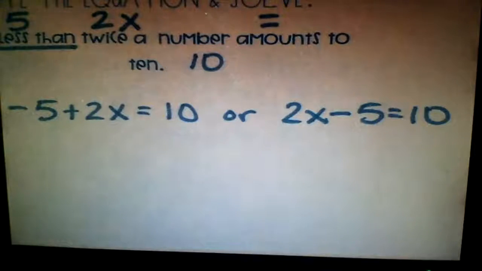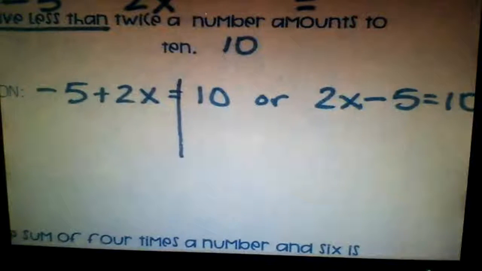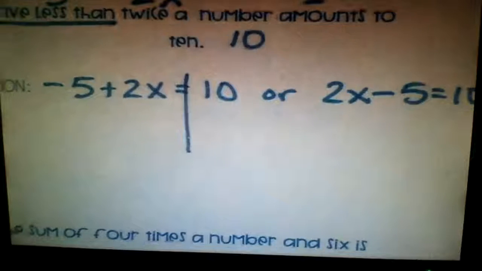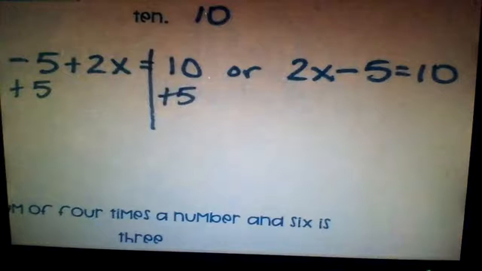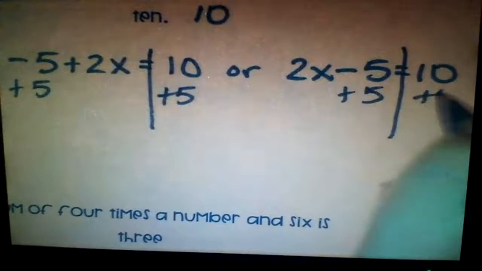So when I go to solve this now, what do I have to do? Add 5. I'm going to do it on both sides just in case you have the other one written instead. So either way, I still add 5 first.